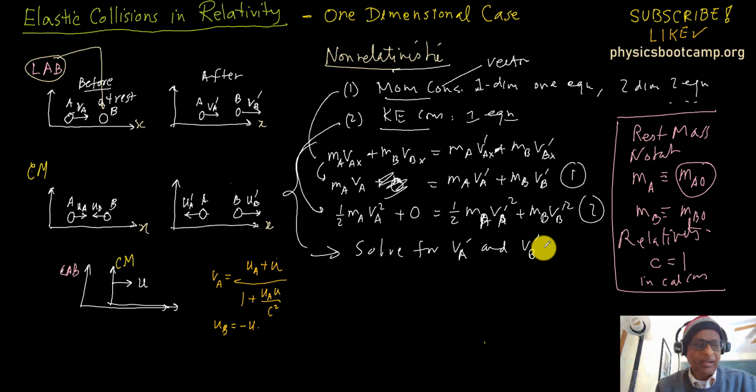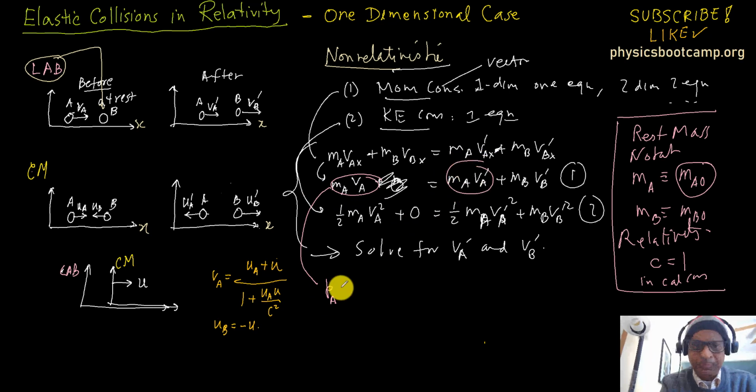Okay, I'm going to show you another way of doing this problem. Instead of using this, I'm going to use symbols. I'm going to use p for momentum. So this one I'm going to write down as PA, and this one PA prime, plus PB prime.